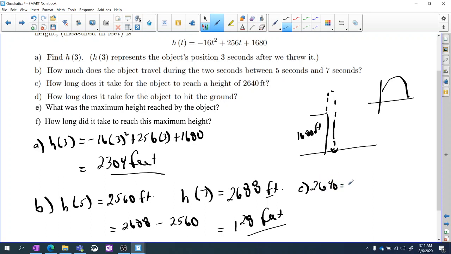2640, so your height equals negative 16t squared plus 256t plus 1680.